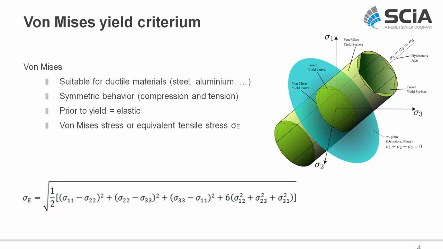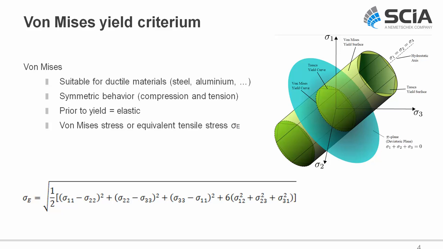That's logical, I think. In material science and engineering, the von Mises yield criterion can also be formulated in terms of the von Mises stress or equivalent tensile stress, sigma E. In this case, a material is said to start yielding when its von Mises stress reaches a critical value, also known as the yield strength sigma Y. The von Mises stress is used to predict yielding of materials under any loading condition from results of simple uniaxial tensile tests.